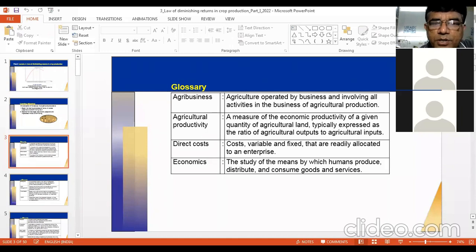In direct cost, you include variable cost as well as fixed cost that are readily allocated to an enterprise. Economics in general, what is economics? The study of the means by which humans produce, distribute, and consume goods, means production of goods, distribution of goods, and consumption of goods. So all are included in economics.